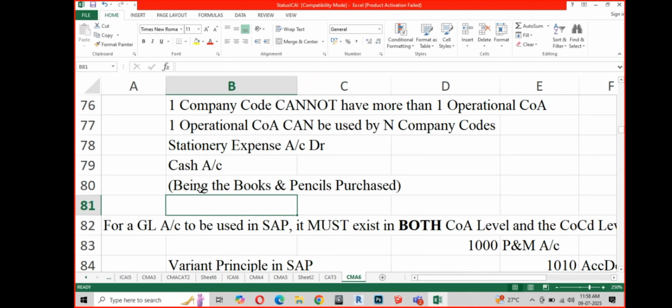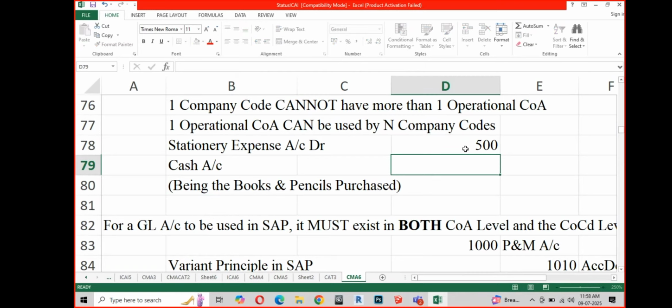So what is it doing? It is actually giving more information to the transaction. What is the stationery that I purchased? Let us say for 500 rupees. Now, doesn't this complete the information?